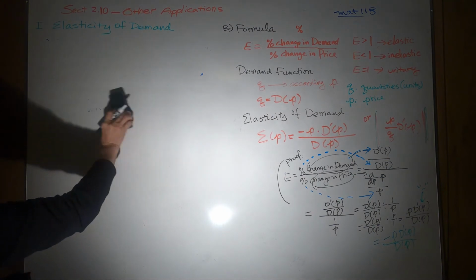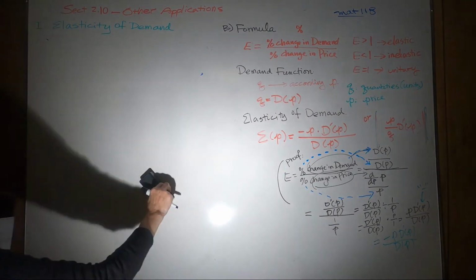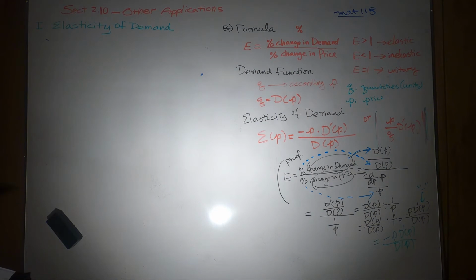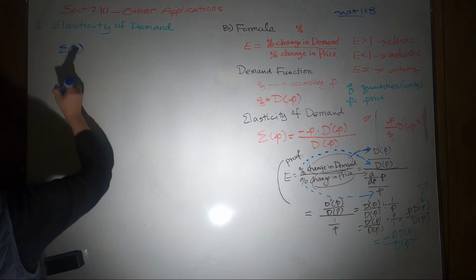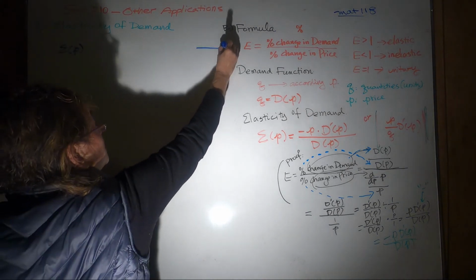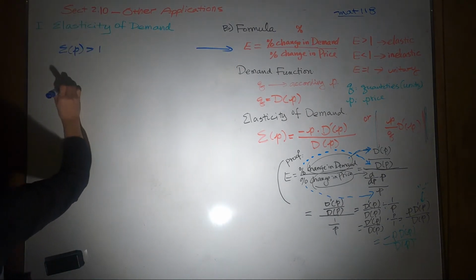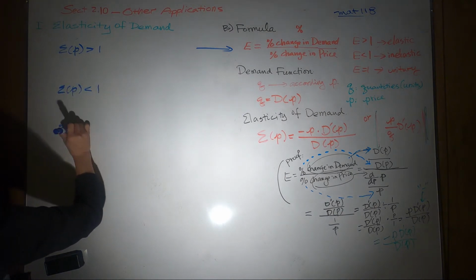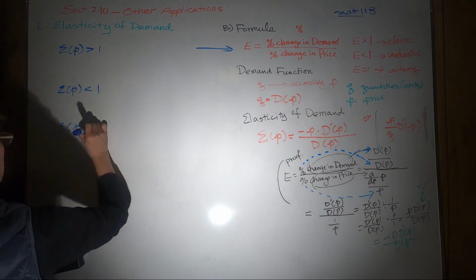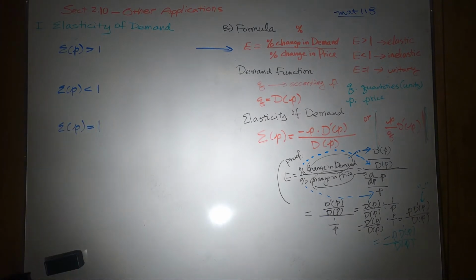Okay, so you need to remember the formula, then see how we are going to apply it. So let's see what will happen if elasticity, according to the price, can be bigger than 1, right? Can be less than 1, can be equal to 1.